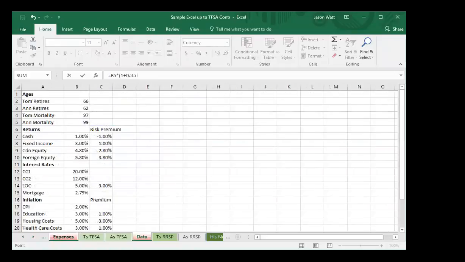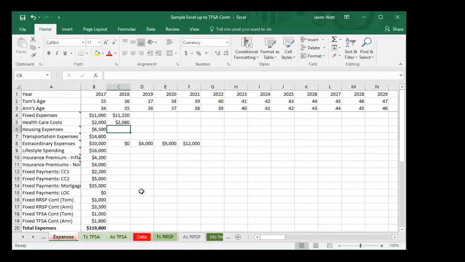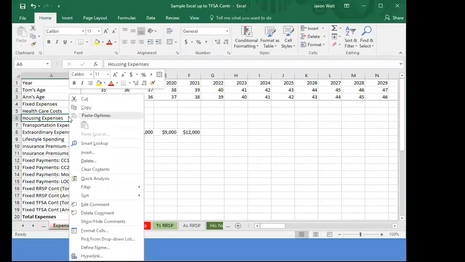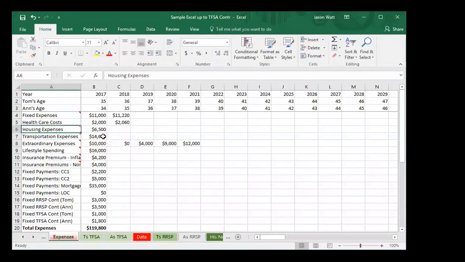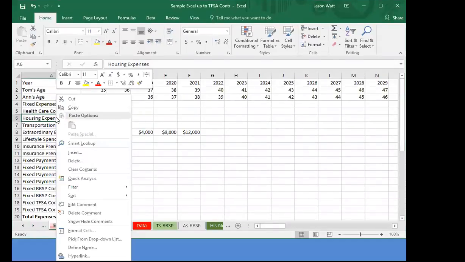And we pop over to our data and we grab our healthcare costs. And we just F4 that and close that out. And my housing expenses, so heating and property taxes and so forth, I'm going to assume this just inflates at normal CPI.